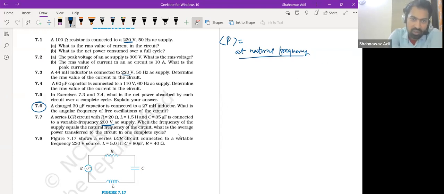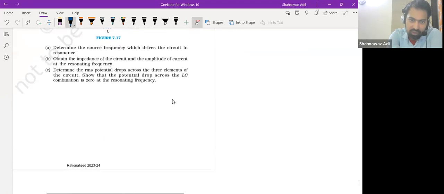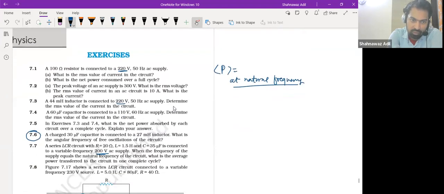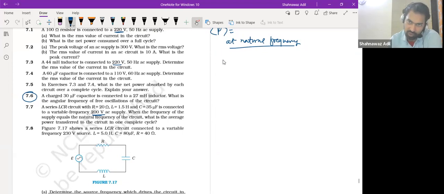How many questions does this chapter have? Oh, good. So only this. R is 20 ohm, right?